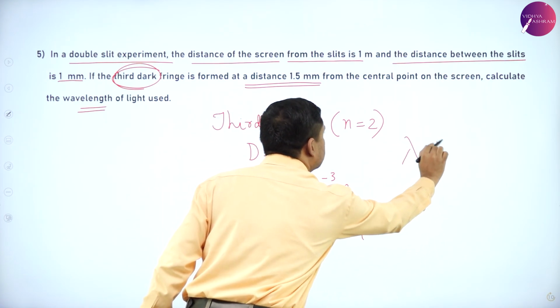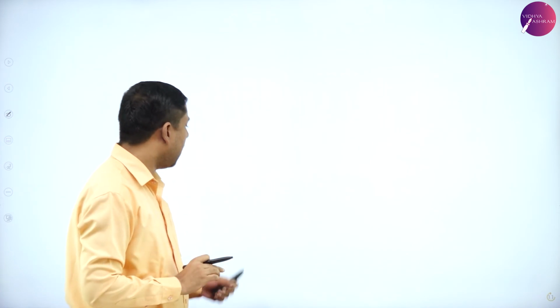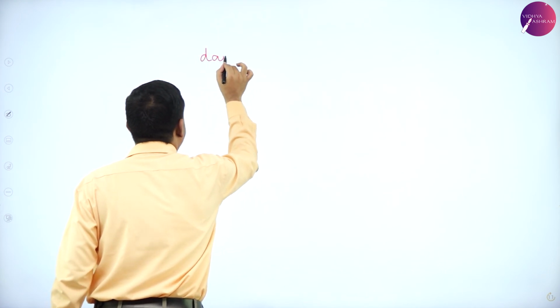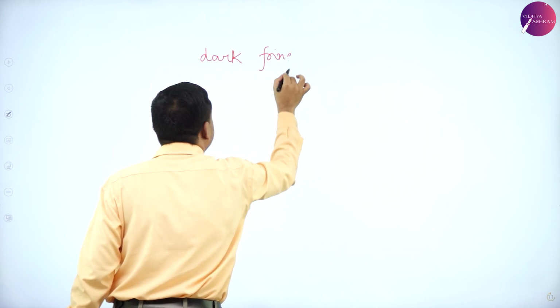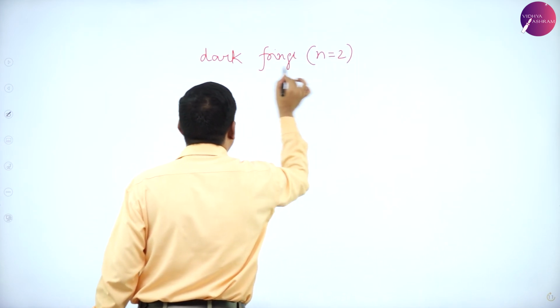I am supposed to calculate lambda. Given is a dark fringe, very clearly n is 2.